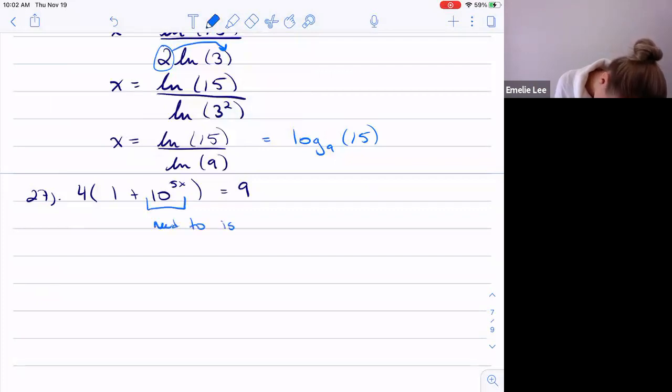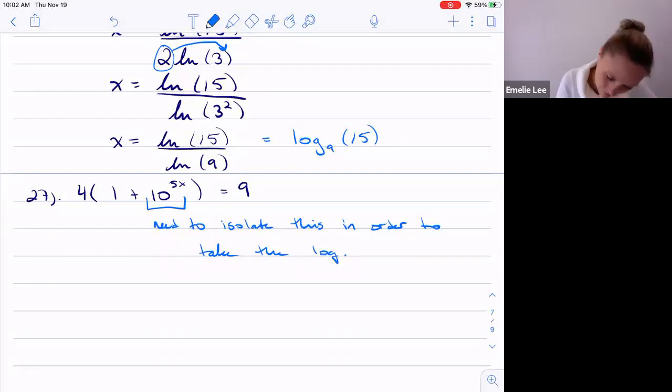Need to isolate this in order to take the log. Okay.